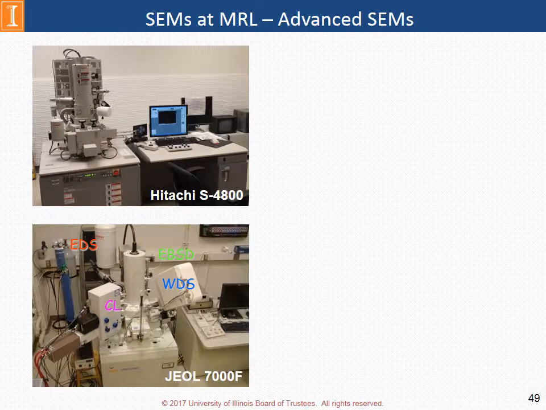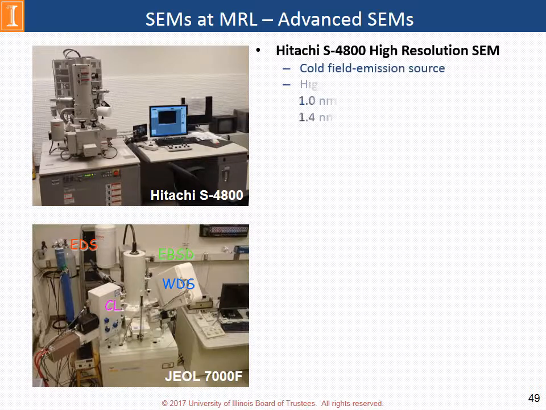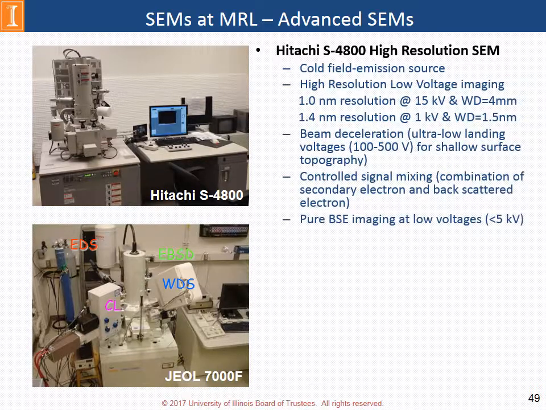Hitachi S4800 is a newer version of Hitachi S4700. It is better in that it has better high-resolution low-voltage imaging, 1.0 nanometer resolution at 15 kV, 1.4 nanometer resolution at 1 kV.